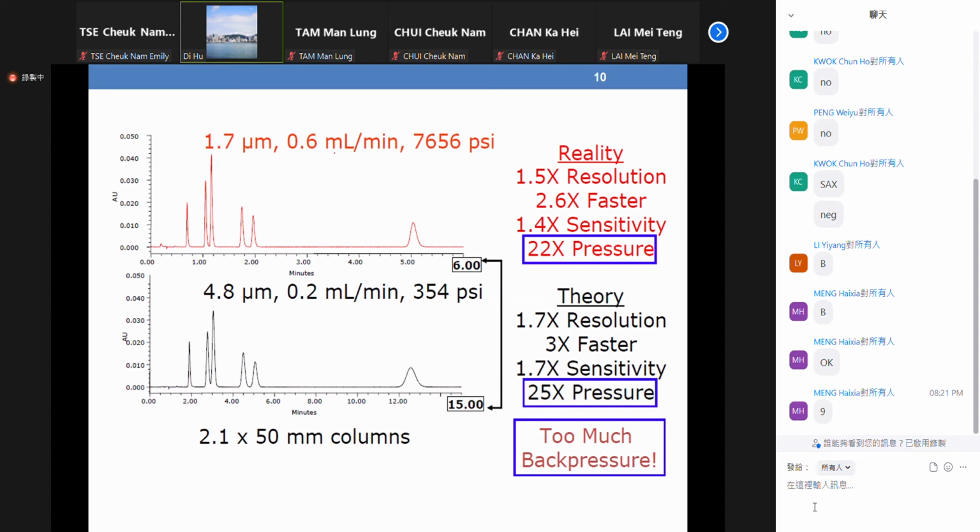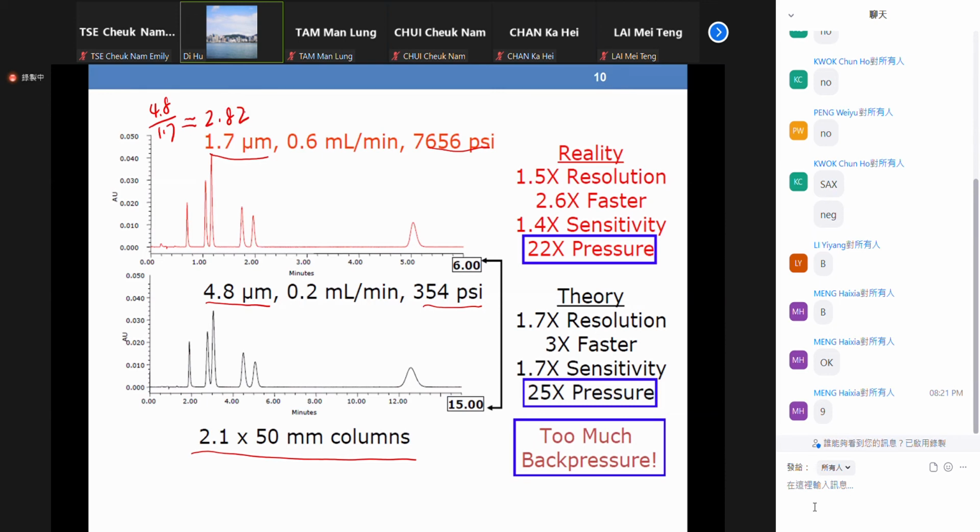So here, let's see, this is one example. Particularly, I want you to look at this pressure change. This is the same column, but now if you change the packing material diameter from 4.8 to 1.7, that is about, let's assume, 3 times, but actually 4.8 divided by 1.7 is about 2.82.